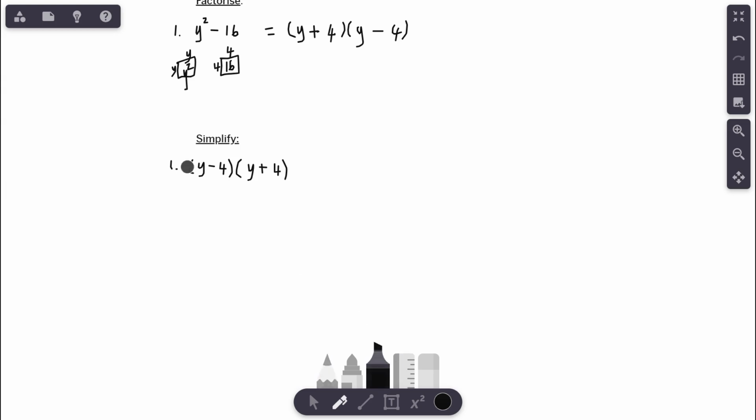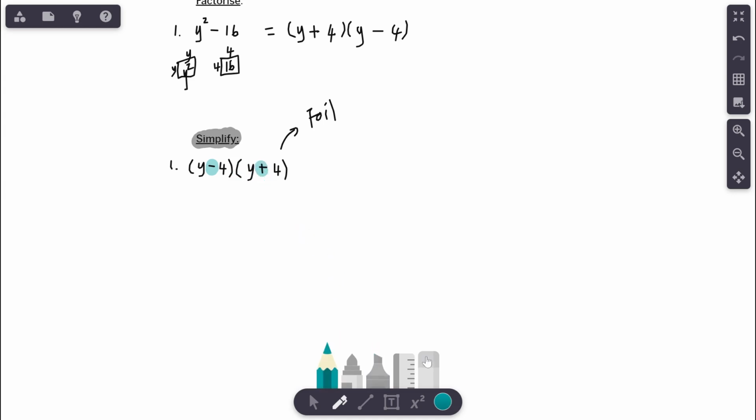Now, if we look at this sum, the instruction is that we are supposed to simplify. So we know that we can FOIL this one out. That would be perfectly fine if we are supposed to simplify. But if I look at the pattern over there, then I can see that, wait a minute, these two brackets are basically the same. The only difference is one plus and one minus.